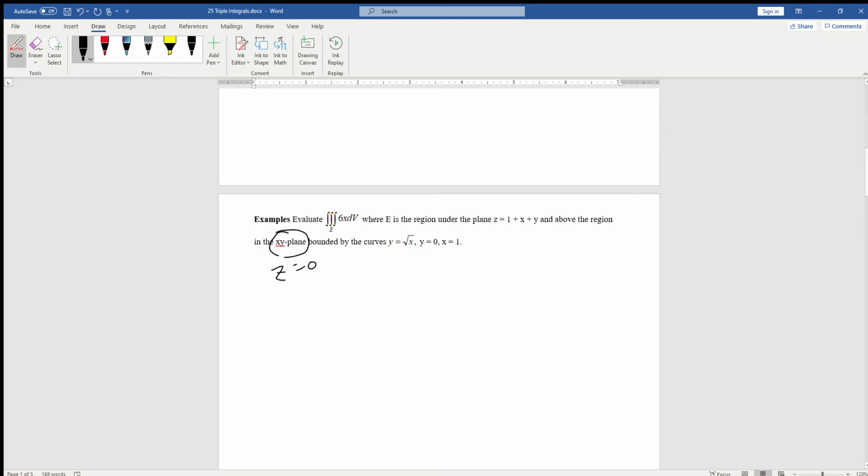If we were to go ahead and draw, now this is in the xy plane. We know that y equals root x looks like this, and x equals 1 looks like this. So this is y equals root x. Then we can go ahead and write this as a type 1 region where we're going up and down.